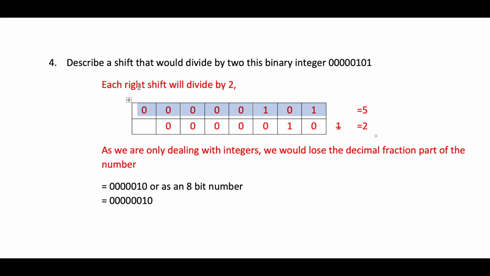Now we know that when we perform a single right shift operation, this will divide the number by 2. So using our table method, take each digit and move it down one space to the right. So the 1 must move down and out of the table, therefore we can ignore it. Each digit is then moved down and one place to the right.